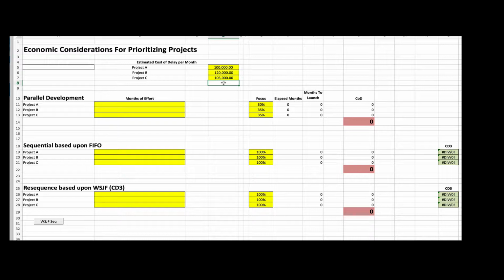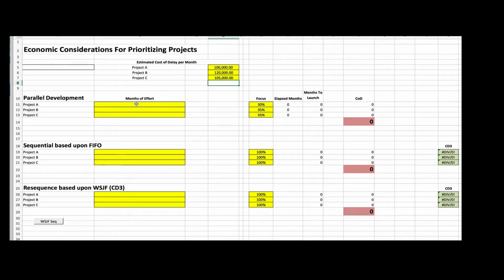The other is to approach this sequentially, to start and complete one project and then start and complete the next and finally the third. And we're going to show a subtle variation on that last piece by resequencing those projects, presuming that these have all arrived at more or less the same time, to see if there is a better way to sequence them than simply in the order in which they arrived.